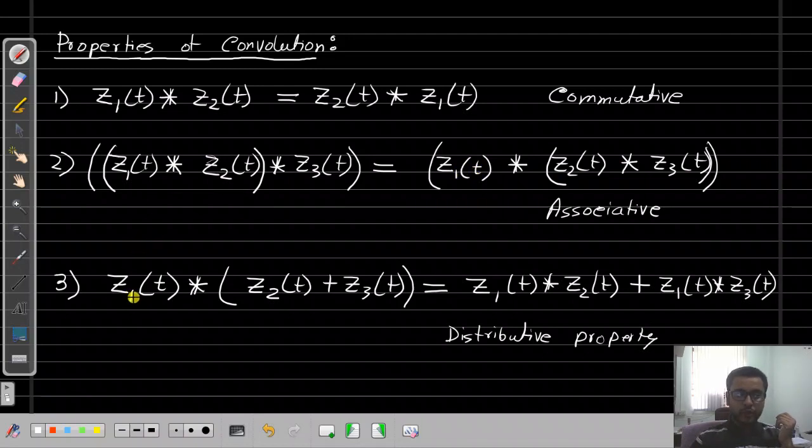Next, if you have Z2 plus Z3, the sum of two signals, convolved with the third one, that is very similar to the rule of multiplication. You can write Z1 star Z2 plus Z1 star Z3 like this.